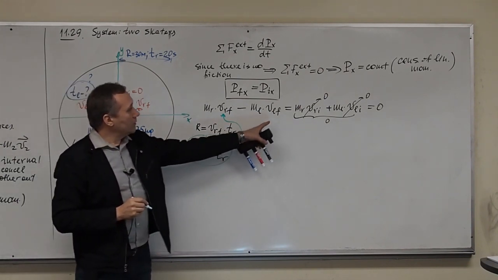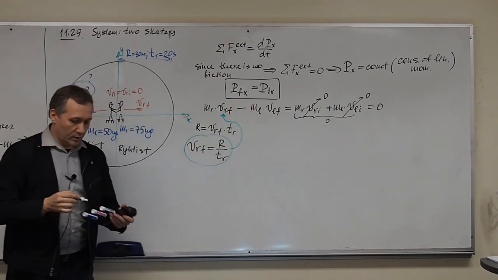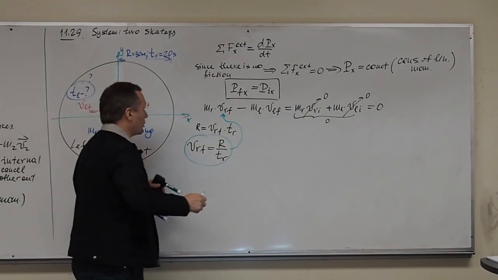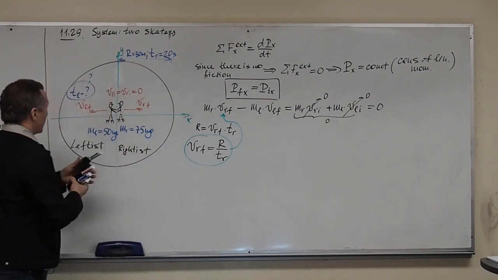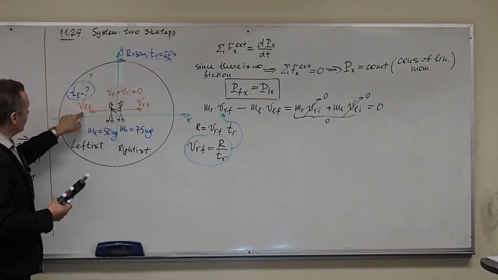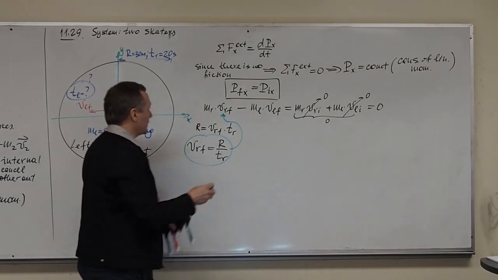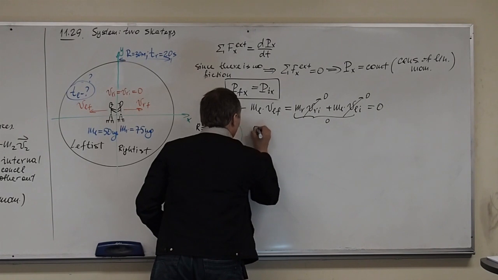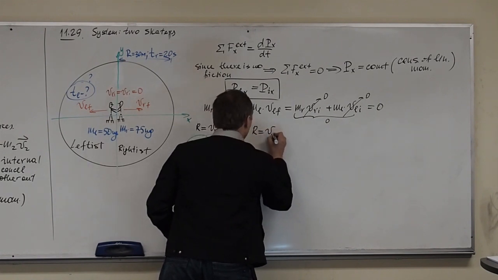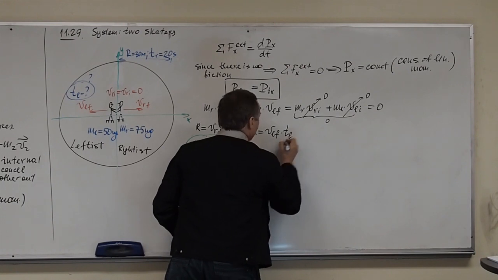Okay. Very similar, we can tell about this person, right? I can also say the motion of the leftist is uniform with this velocity, and we know the distance R. So I can write exactly the same expression: R equals VL final times the travel time of the left person.